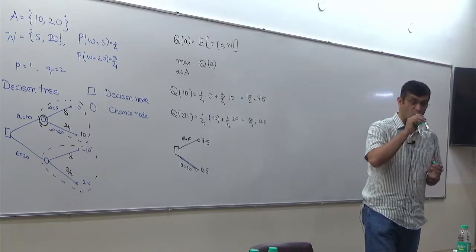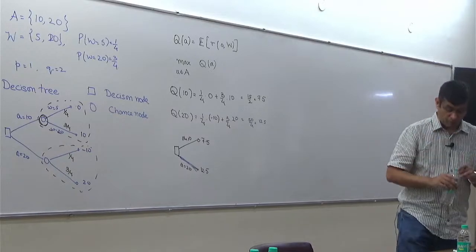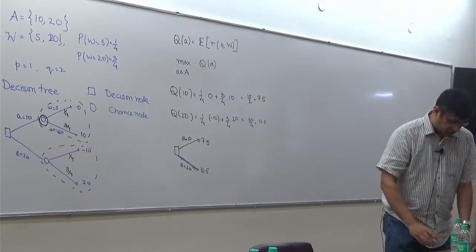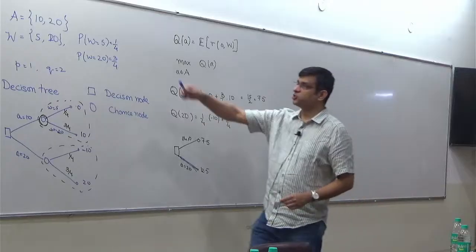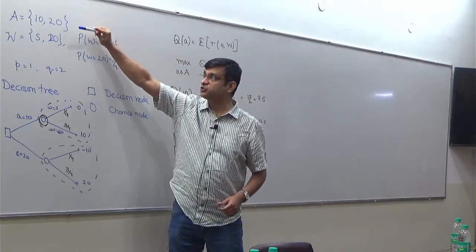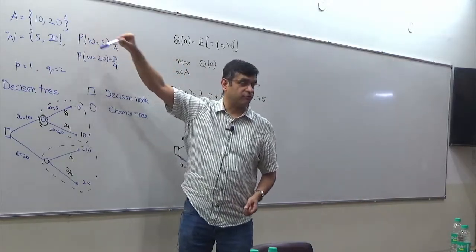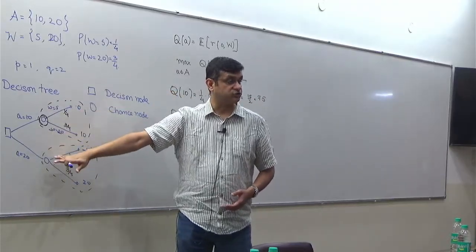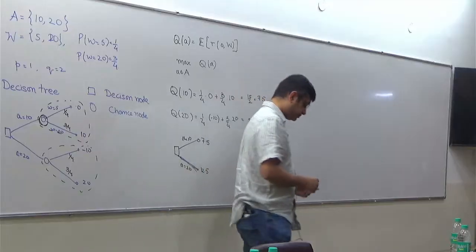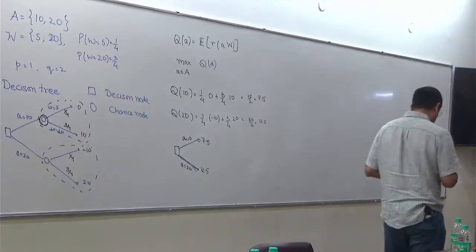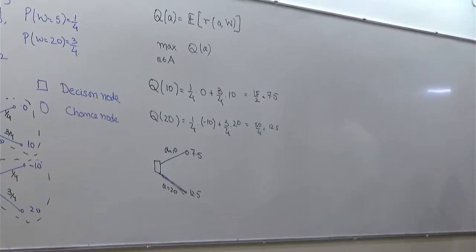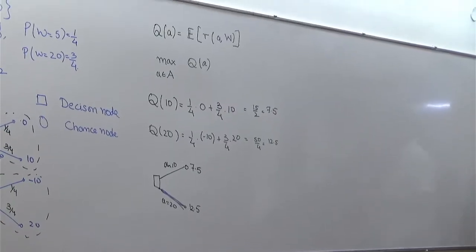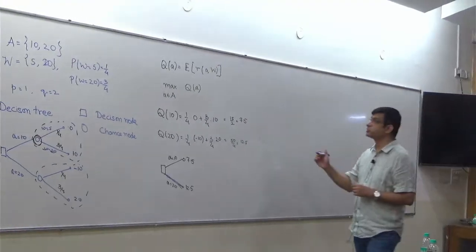Okay? So this was, as I said, a caricature because I was assuming actions are only two, demand is only two, and that was just because I wanted to be able to draw this tree completely here. Okay? So let me give a slightly realistic version.